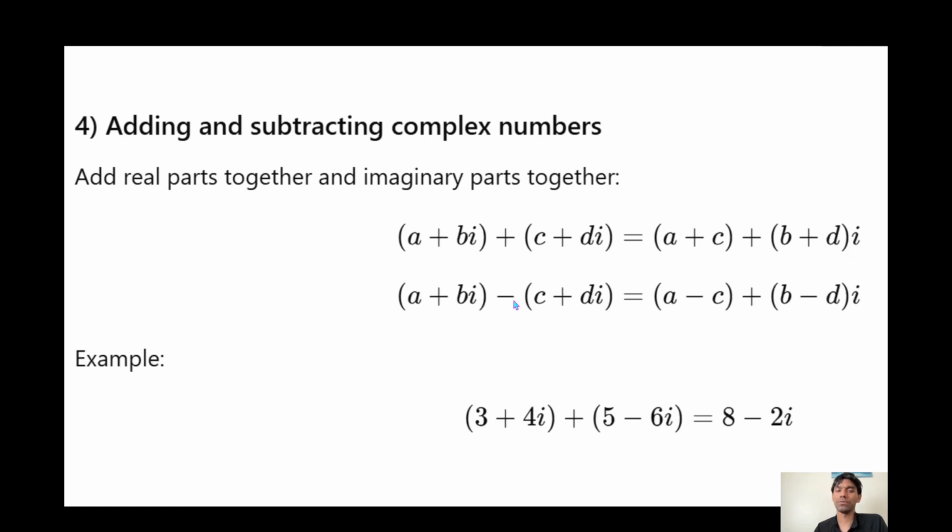If we have a subtraction instead, we make it a minus c, again the real part, and b minus d, which is the imaginary part, multiplied by i. An example would be 3 plus 4i plus 5 minus 6i is equal to 8 minus 2i.